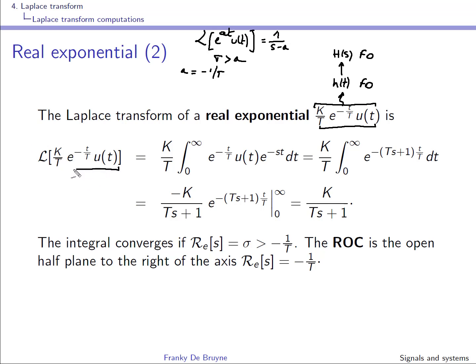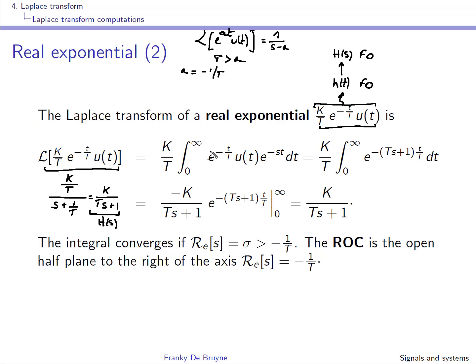If you do that, taking into account the results that we've obtained previously, the Laplace transform here will be k over t divided by s minus a, but a is minus 1 over t, so we'll have minus minus plus 1 over t. If we multiply on the numerator and denominator, we have k over t s plus 1, and this is H of s, and this will be the transfer function of a first order system. Again, we'll come back to that later.